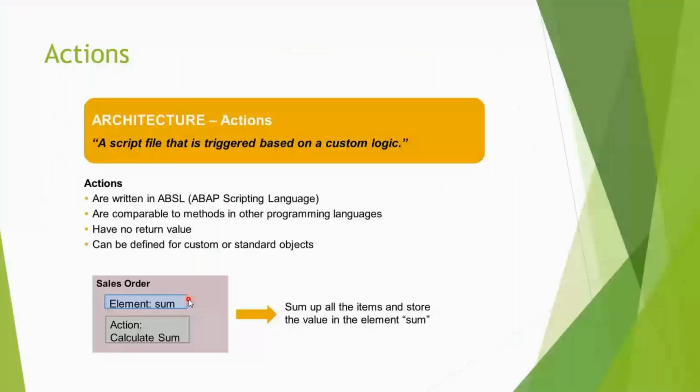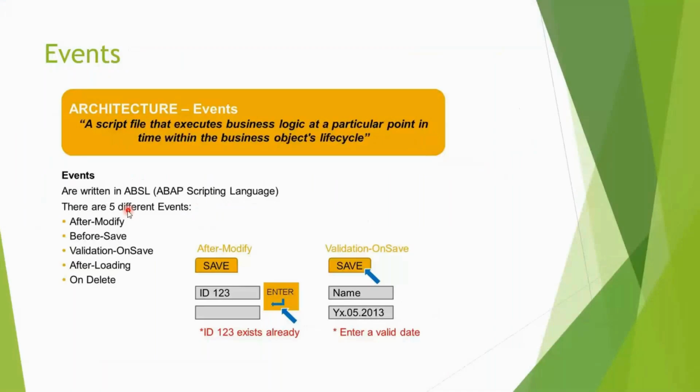And then, that's what I just explained about the events, right? There are 5 types of events: after modify, before save, validation on save, on delete, and after loading. After modify will trigger on any value change. Once you click on save, the before save executes, and validation on save will trigger. On delete is nothing but deletion of an event.